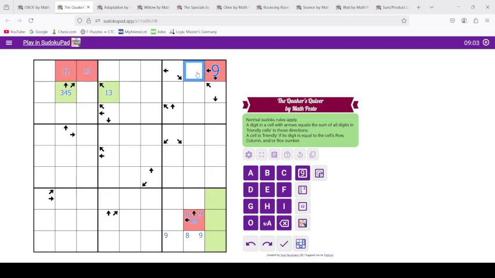So this could be friendly, making that be a 6, making one of those be a 3. That one, in fact. Or isn't friendly. And this is just counting over here.